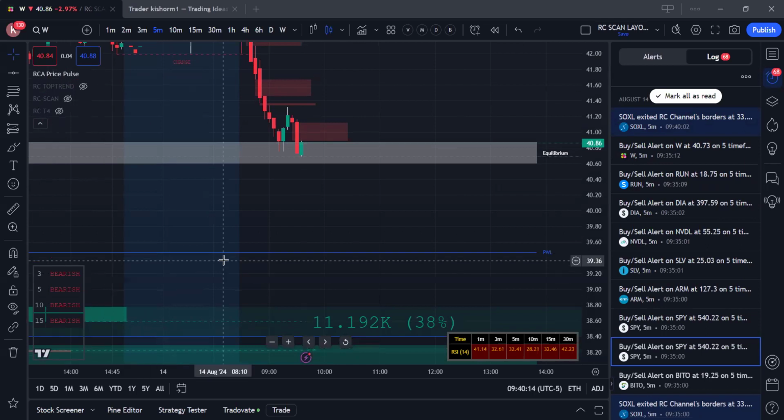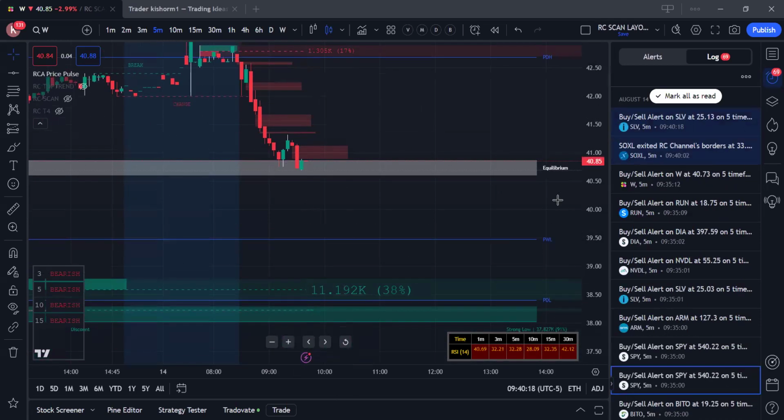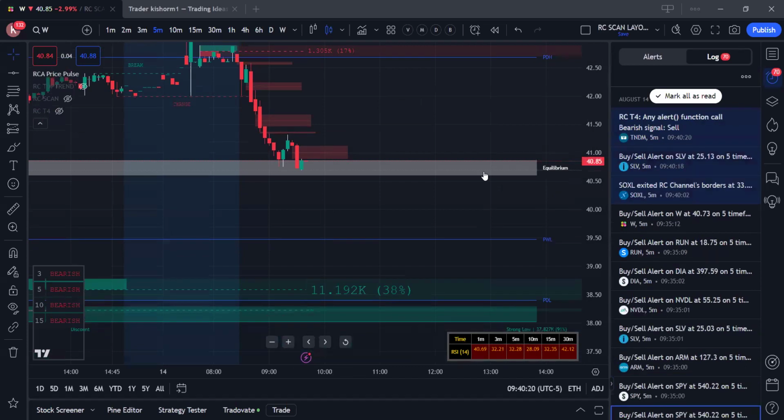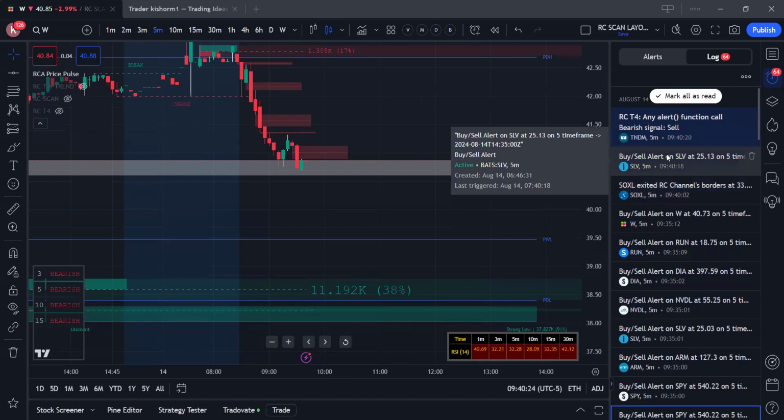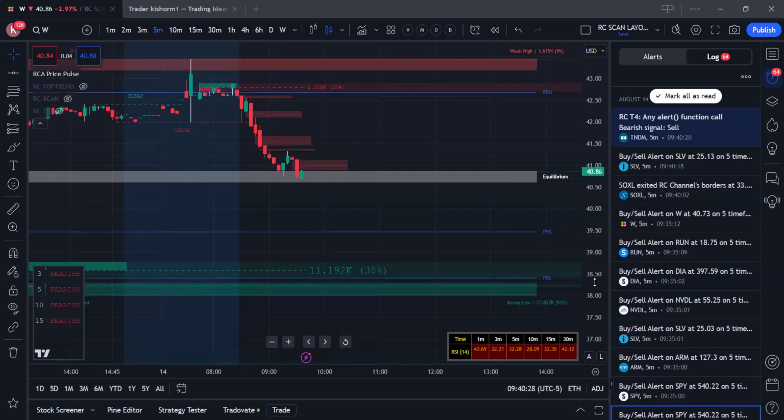There is a high possibility for it to drop further. If you go in a systematic approach, then yeah, we can make profits most of the time.